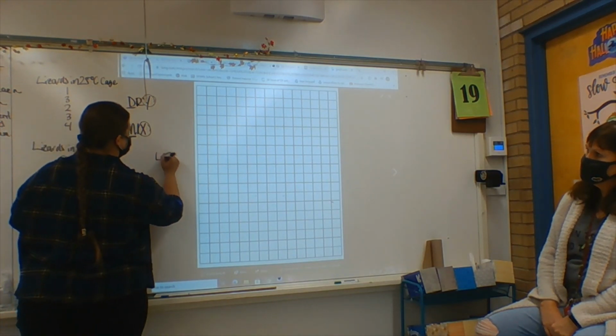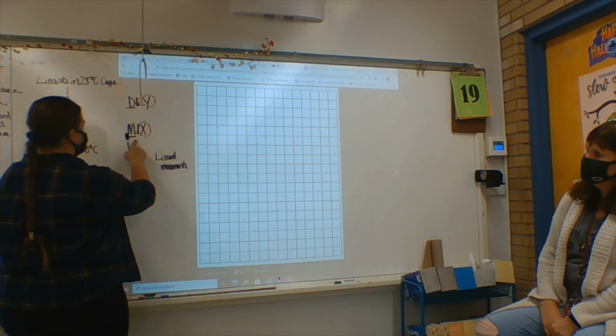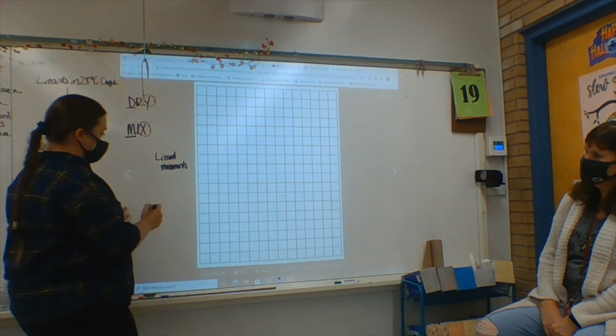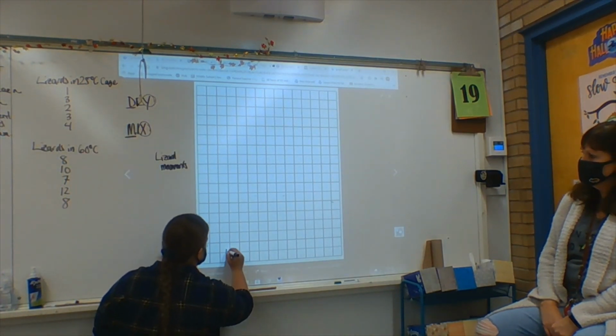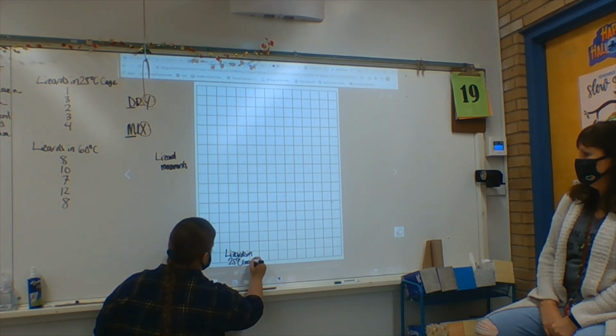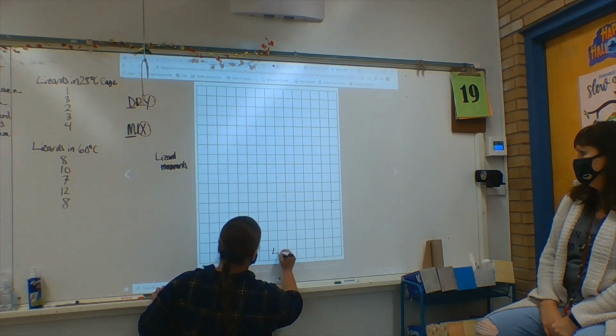So we're going to just put lizard movements here for a second. And my independent, I have my two different groups. I have my lizards in a 25°C cage. And I have my lizards in a 60°C cage.